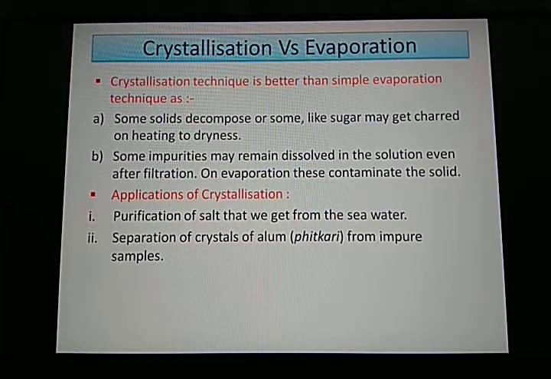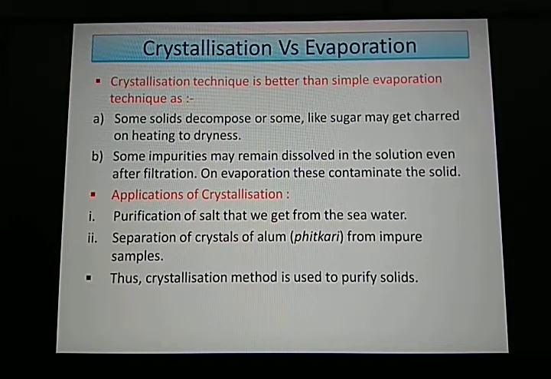Just like the copper sulfate solution, here also, to get pure alum crystals, we can use this process of crystallization and remove the impurities present in it. Thus we can say that the crystallization method is used to purify solids. Whatever impure solids we have, we can purify them through this method of crystallization.